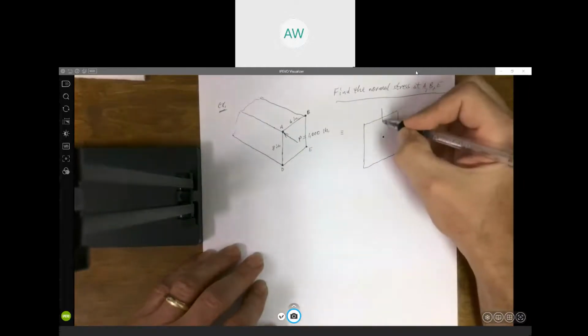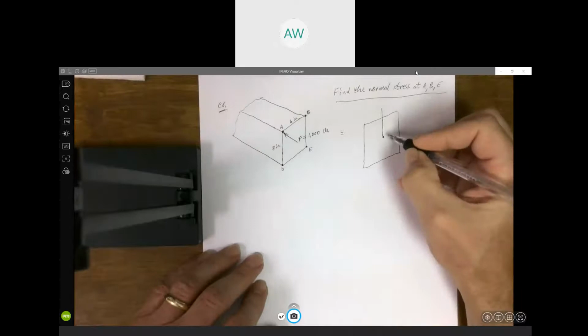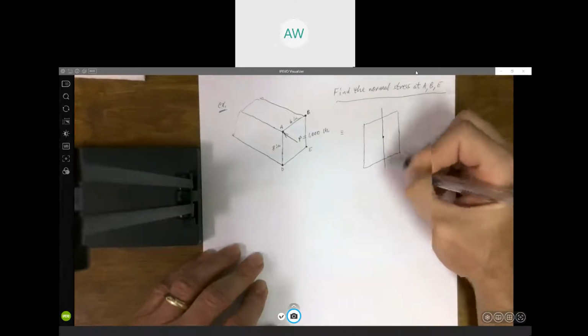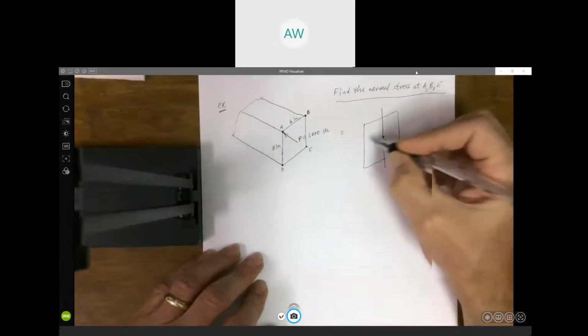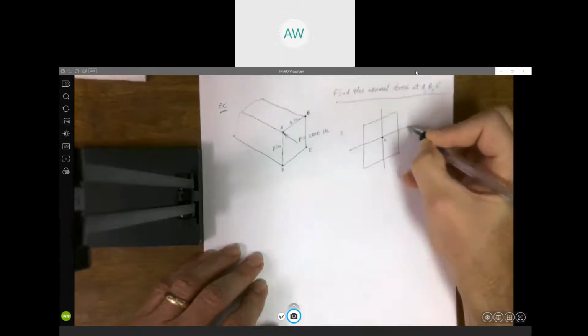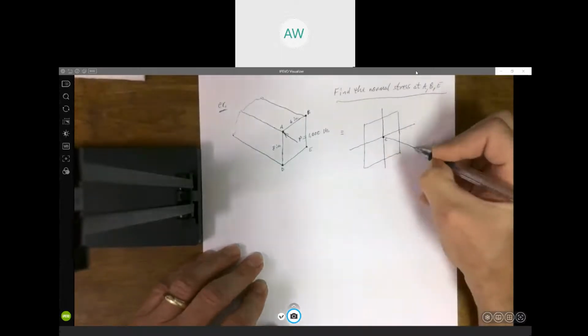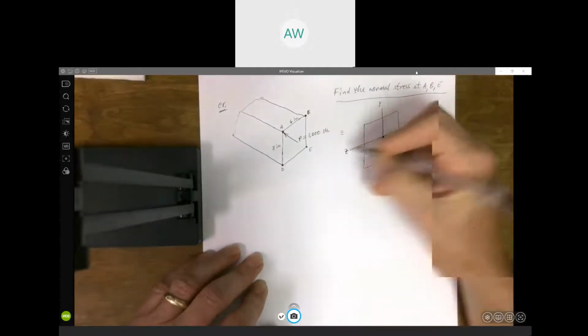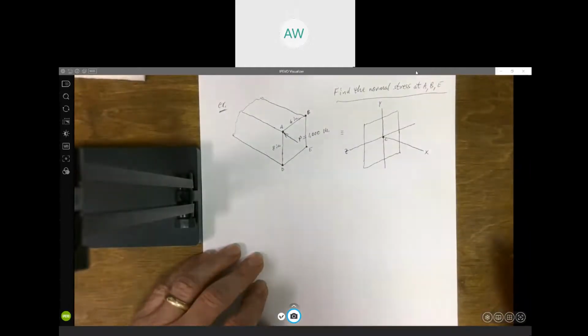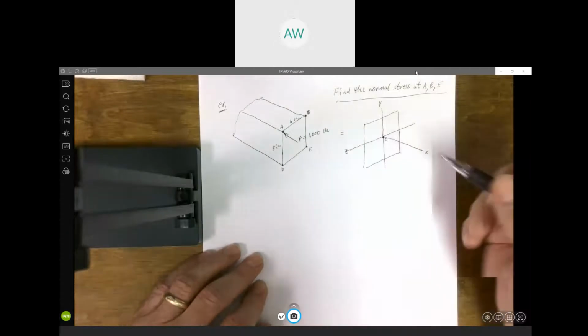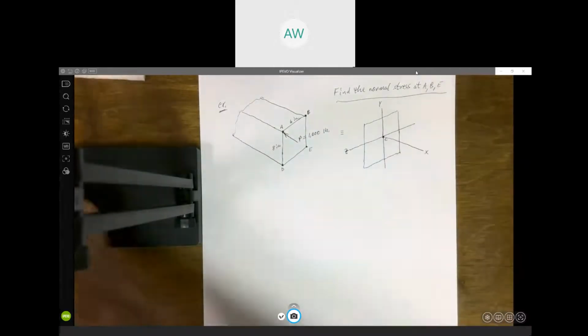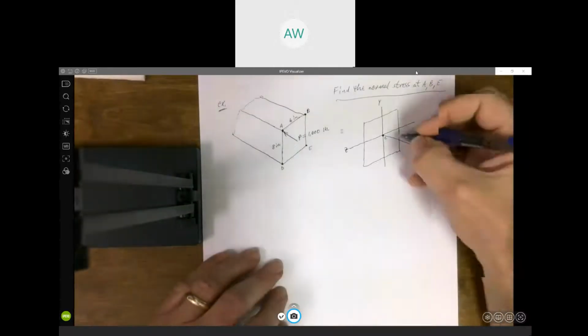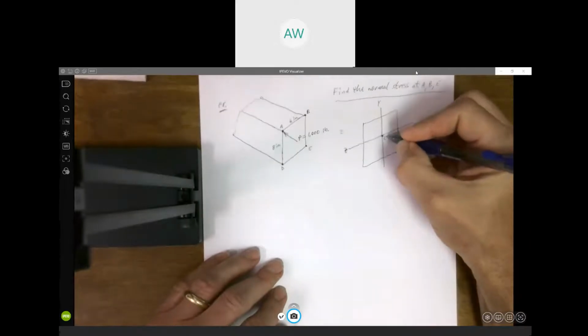So the origin of my coordinate system is going to be right at the centroid. And we'll call this Y and Z. So we're going to take that 1,000 pound force and move that to the centroid.